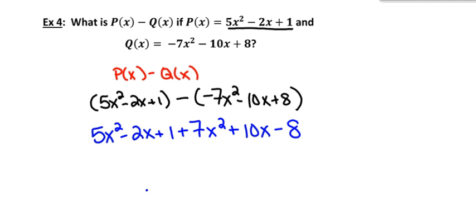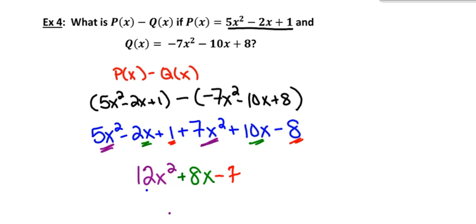And now that I've done the distribution, I'm all set up to go ahead and combine my like terms. When I combine the terms with the x in them, I end up with 8 of them. And then lastly, the plus 1 and the minus 8 will combine to be minus 7.